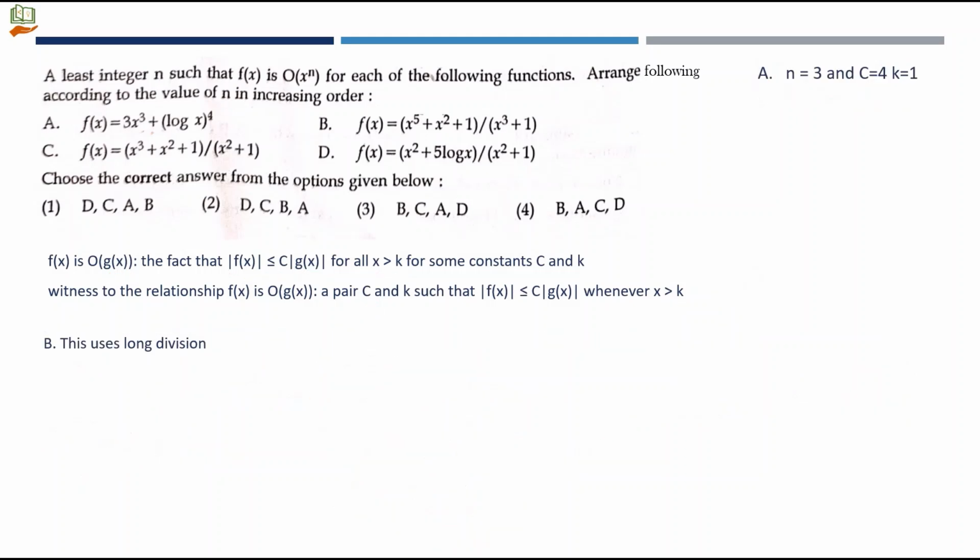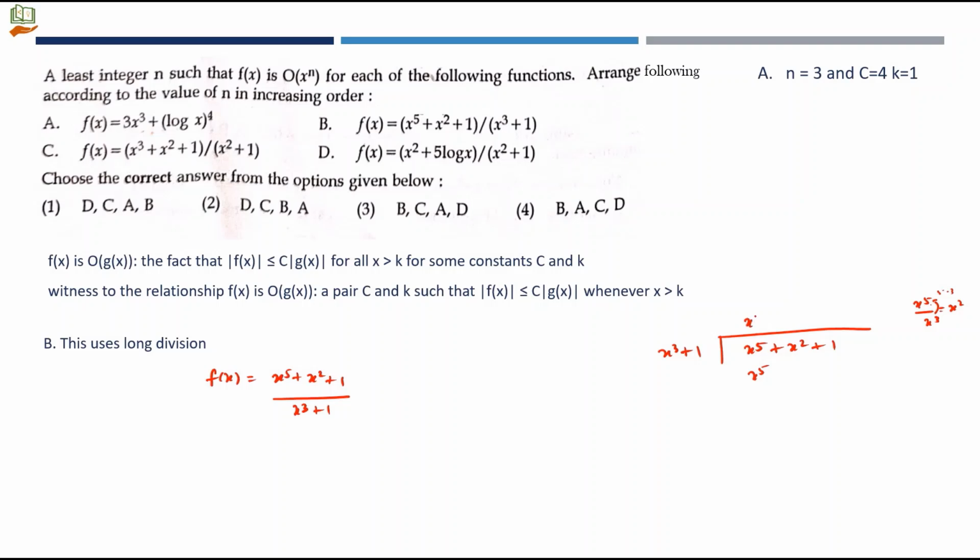Now we will solve B. F of x is equal to x power 5 plus x power 2 plus 1 divided by x cube plus 1. Let me take x power 5 plus x power 2 plus 1, and this is x power 3 plus 1. What is the quotient that I can place so that I will get x power 5 here? Let's divide x power 5 by x power 3 alone. So 5 minus 3 will give x power 2.